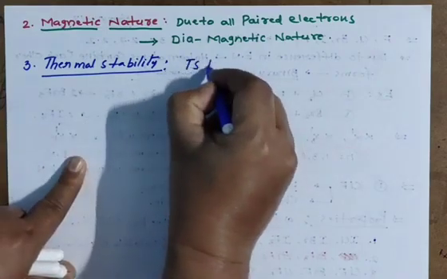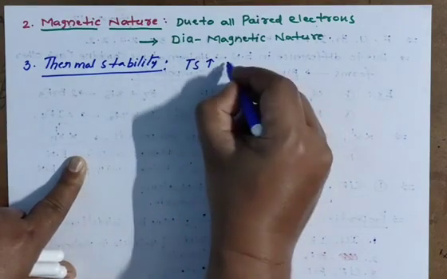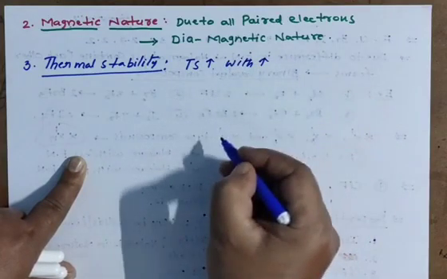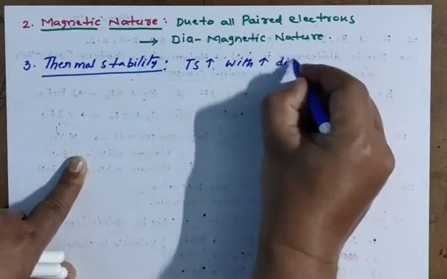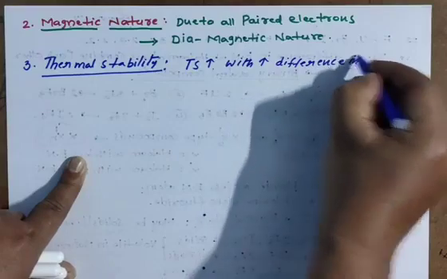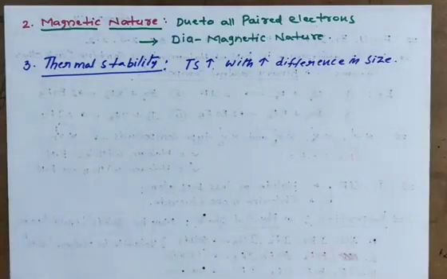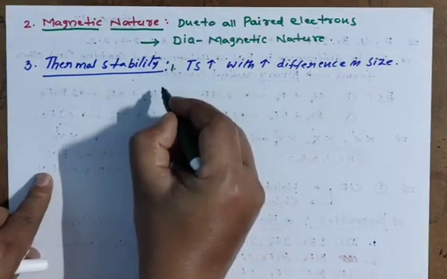Thermal stability increases with increase in difference in size between two atoms, the atomic size difference. Or, to simplify, I am making this statement into the next one.